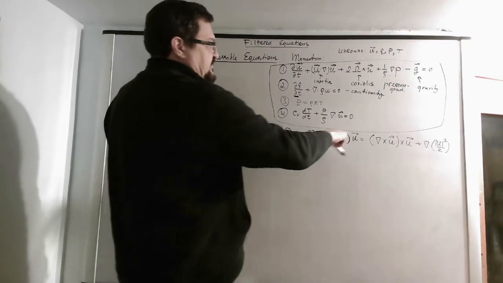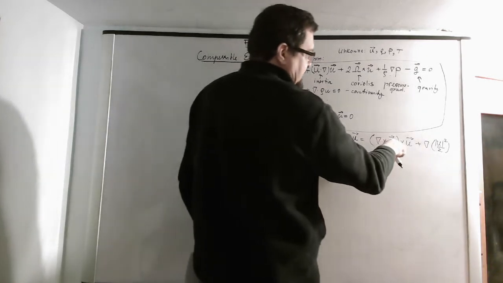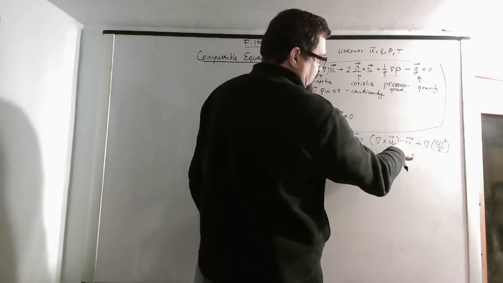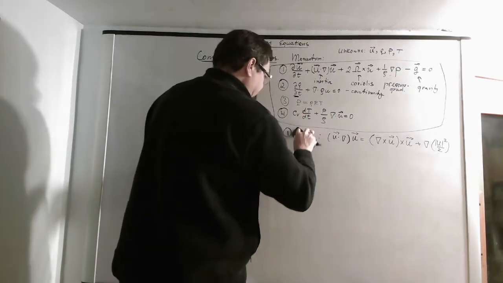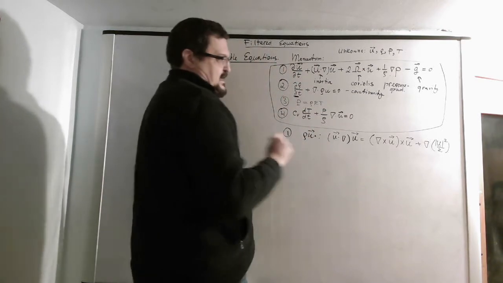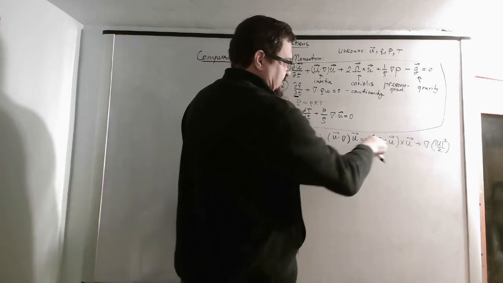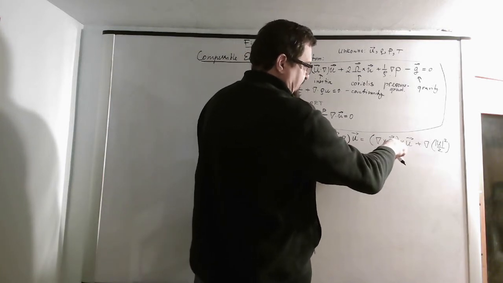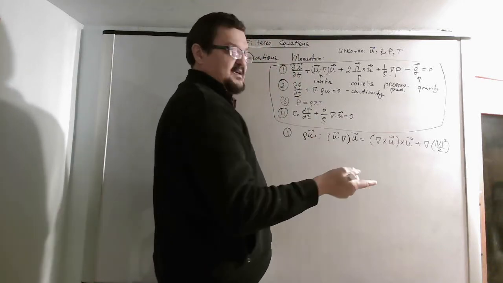So you replace this term with this, and then if you multiply it by rho u, you see that because this is a vector product with u, and you multiply it as a scalar product, of course, the scalar product of u with this vector product that involves u itself is 0, right?